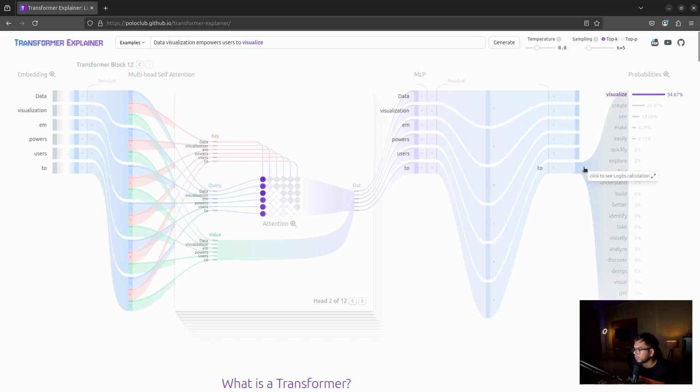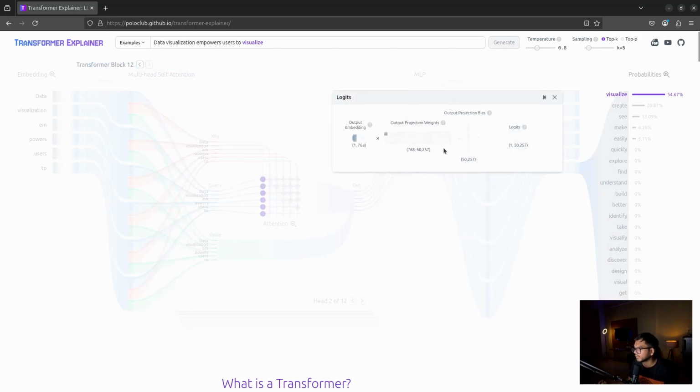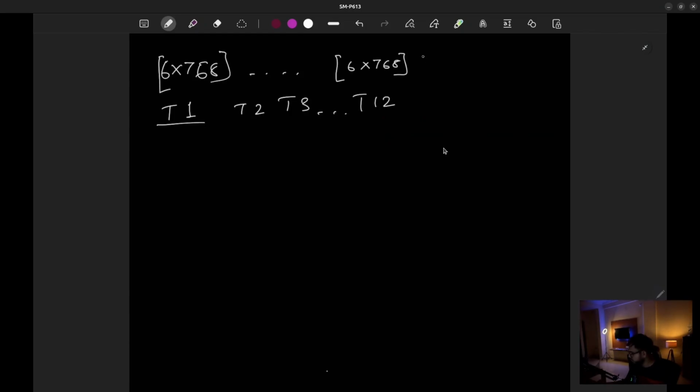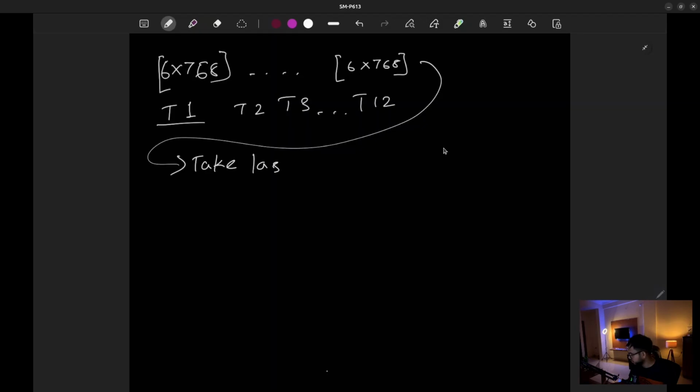We take the last embedding, and the last embedding is 1 into 768.